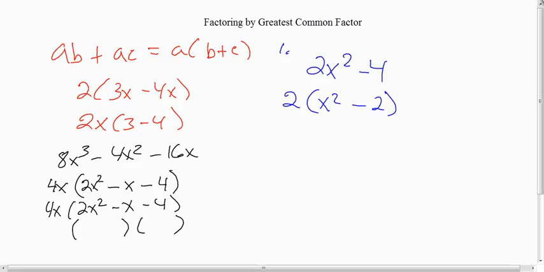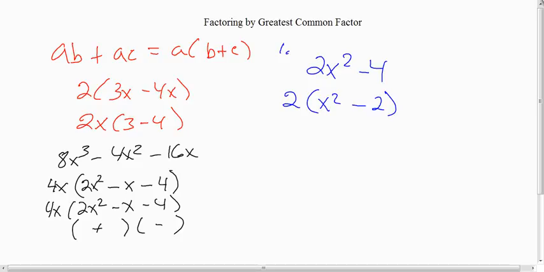When we multiply, we get our last term. We multiply to get a negative, so we use a positive and a negative. Now we have our signs in place.